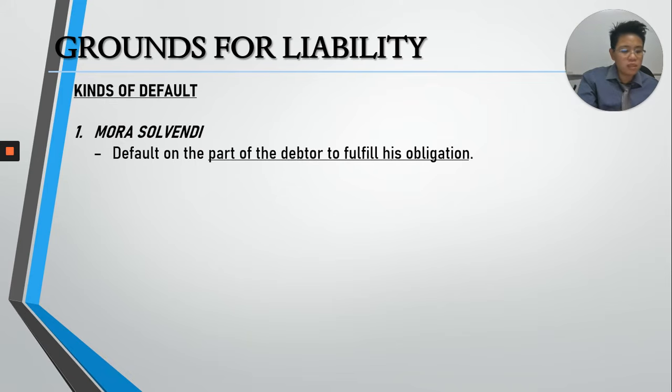Please take note of the requisites of mora solvendi. Obligation is due and demandable. Failure of the debtor to perform the obligation on the date agreed upon, and demand made by the creditor to the debtor to comply with his obligation.